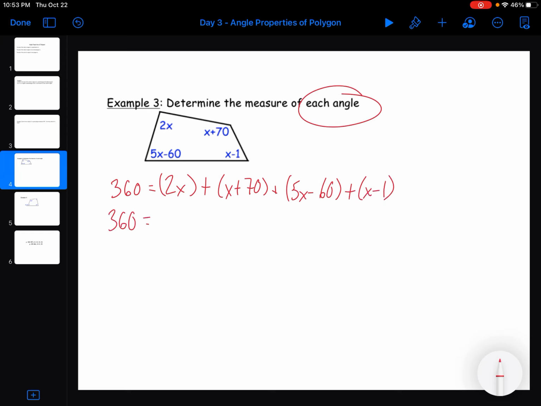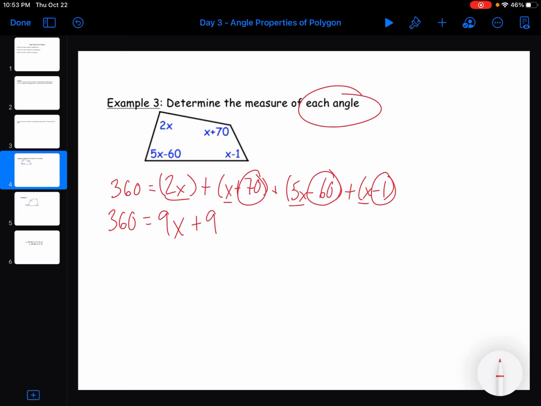Well, that's going to give us 360 equals. We've got 2 plus 1 is 3 plus 5 is 8 plus 1 is 9x. And then we've got 70 minus 60 is 10 minus 1 is 9. So we have plus 9.